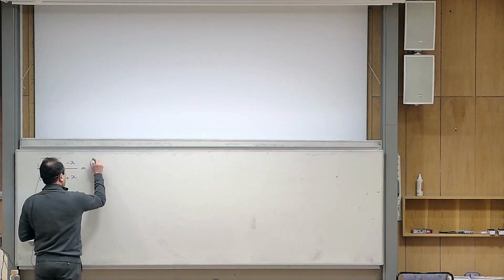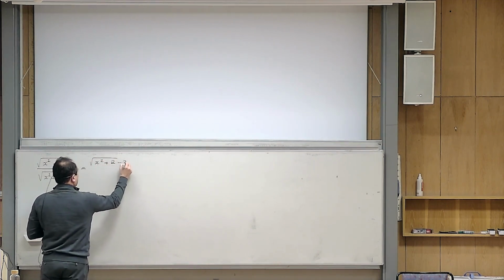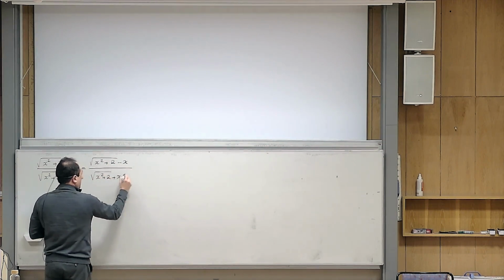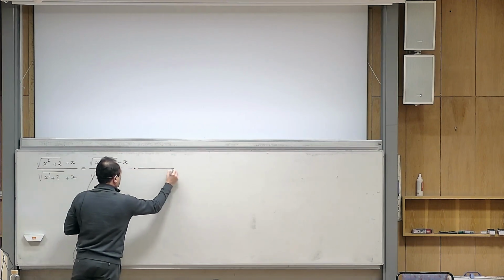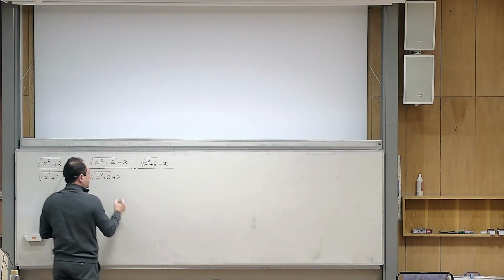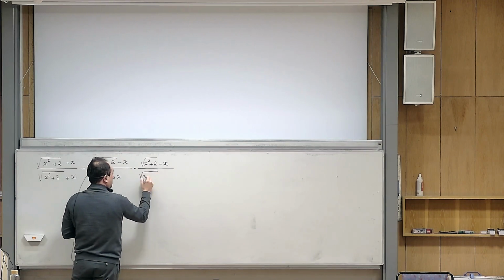I copy and paste my expression, and then I multiply both the numerator and the denominator by the expression which forms the conjugate for the denominator. So it means this expression, yes?